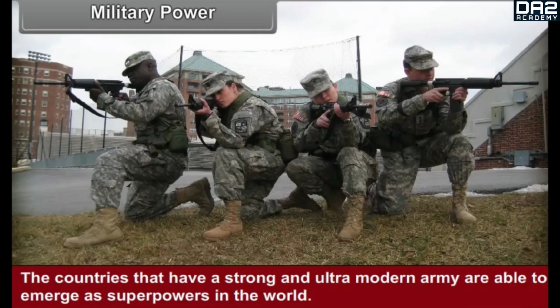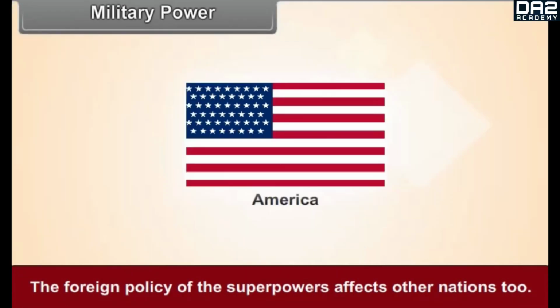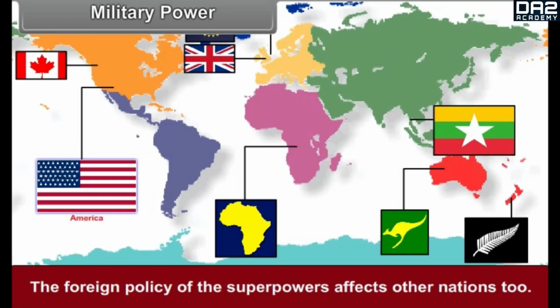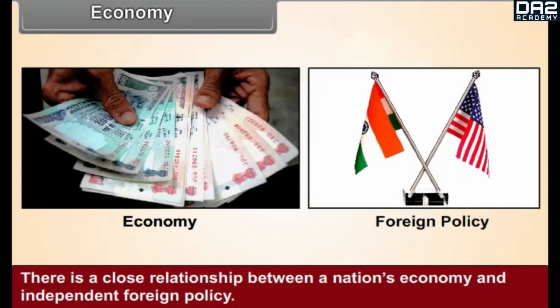Military power. The countries that have a strong and ultra-modern army are able to emerge as superpowers in the world. The foreign policy of the superpowers affects other nations too. The countries that are militarily weak face limitations while framing their independent foreign policy. Economy. There is a close relationship between a nation's economy and independent foreign policy.